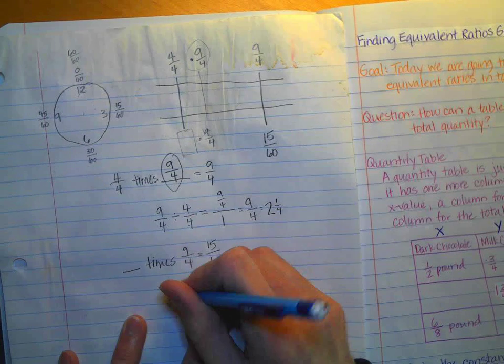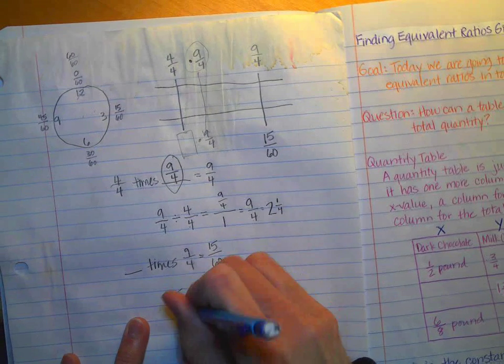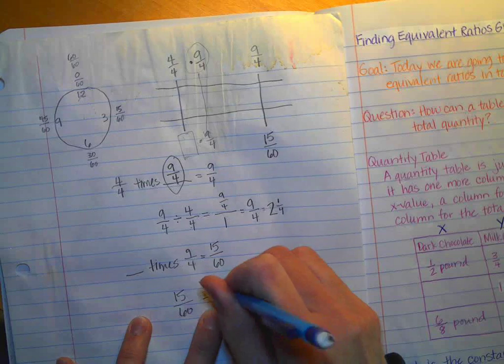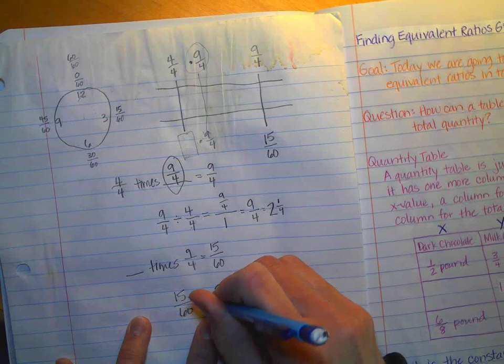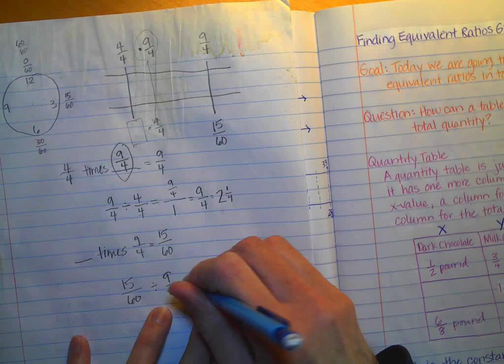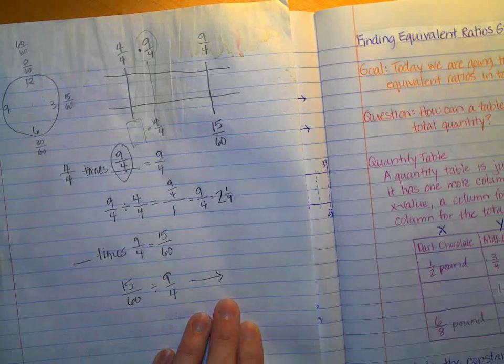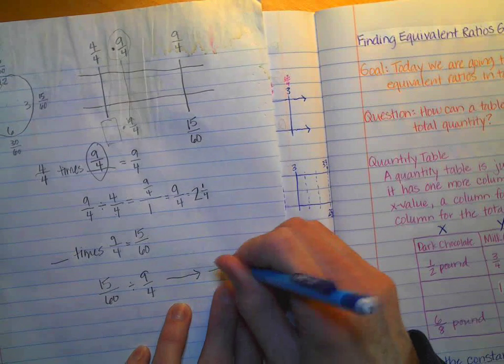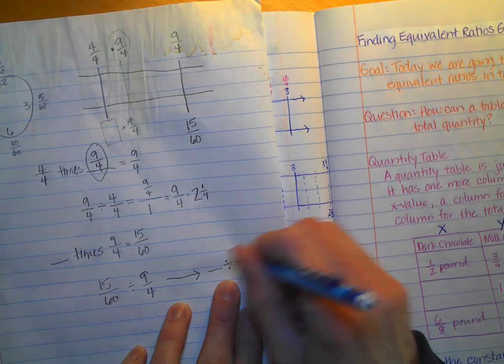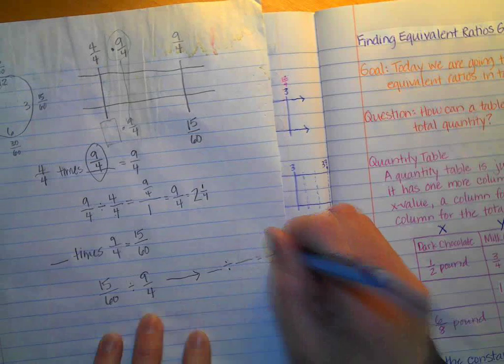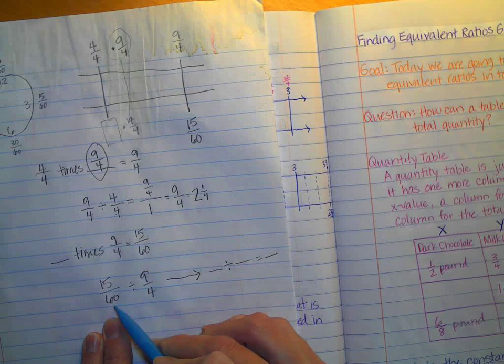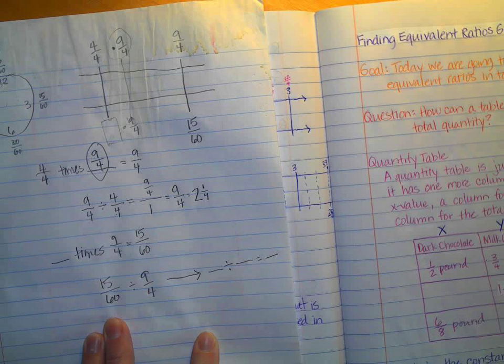But I can figure it out by dividing this by this. So I'm going to take 15/60 divided by 9/4, and I'm going to get the answer. But how do we do this? We have to find a common denominator. That's right. So we're going to do something divided by something gives me something. And the common denominator between 60 and 4.